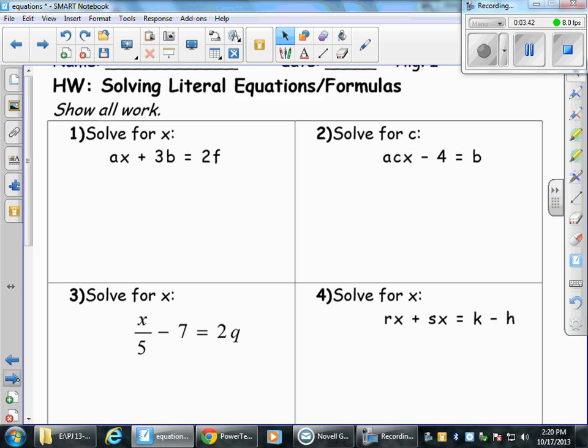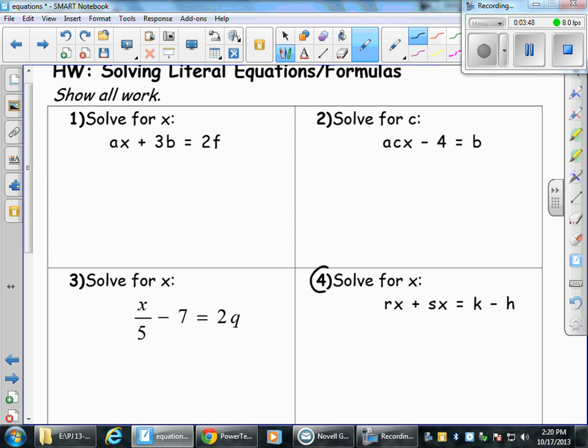If we jump ahead to your homework, one of the areas that you could use this on is problem number 4. You see in problem number 4, this is Rx plus Sx equals k minus h, and they're asking us to solve for x. Well, one thing I'm going to notice here is that each of these terms has an x in it.